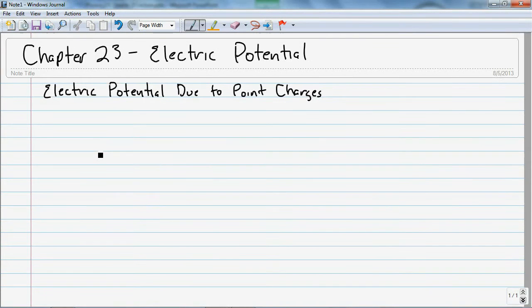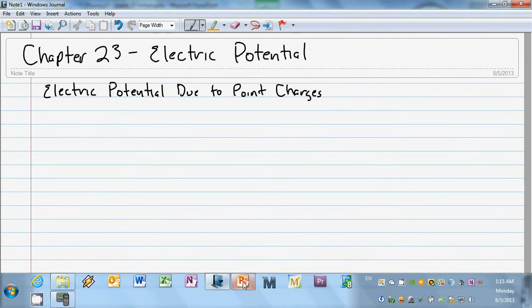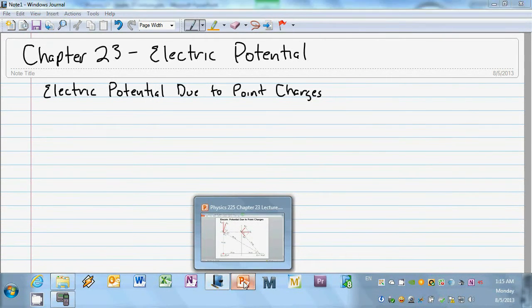We can now look at some examples, and we're going to look at an example with point charges. We're going to extend the example that we did in chapter 21, where we had 2 point charges and we were looking at the electric field at 2 points based on these 2 charges.